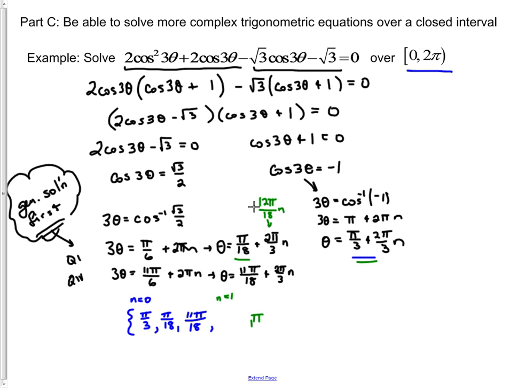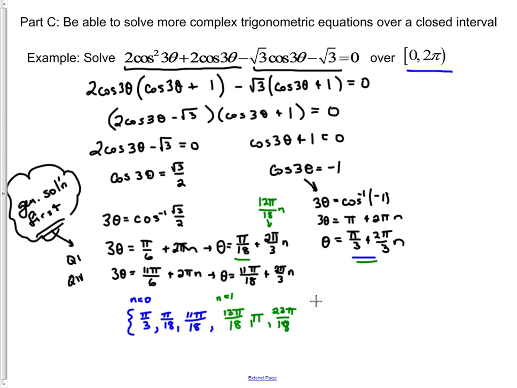So pi over 18 plus 12 pi over 18 is going to give us 13 pi over 18. And adding 11 pi over 18 plus 12 pi over 18 is going to give us 23 pi over 18 as one other value.